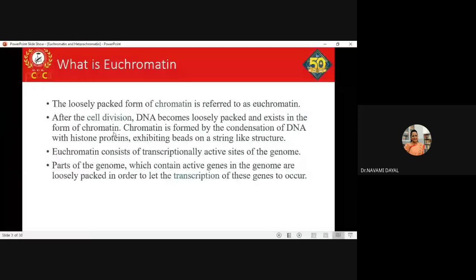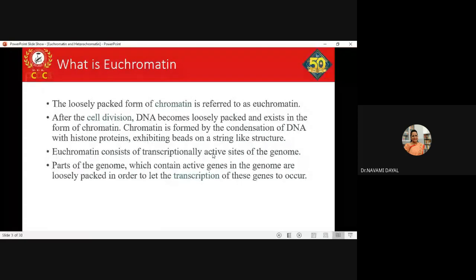Chromatin is formed by the condensation of DNA with histone proteins, exhibiting a beads on a string like structure. So here, to some extent, condensation happens, and that is forming chromatin. Of course, it is not a completely loose thread like structure.